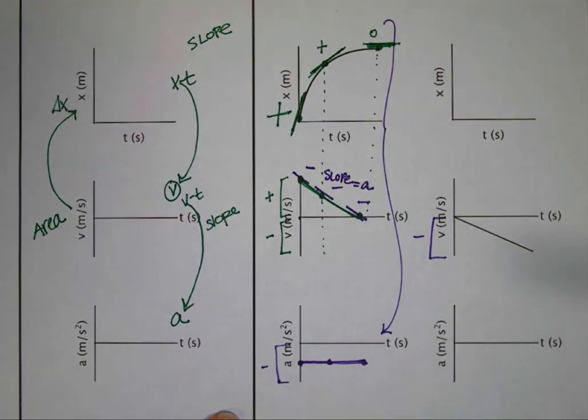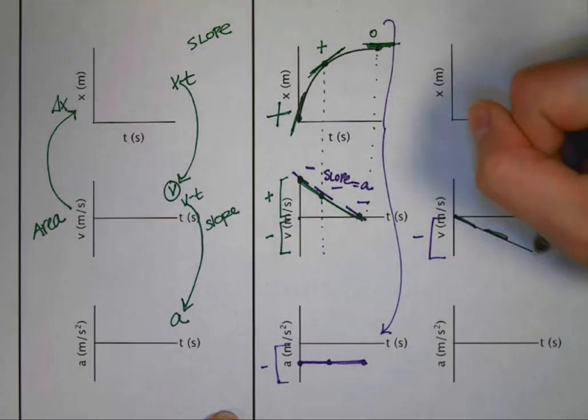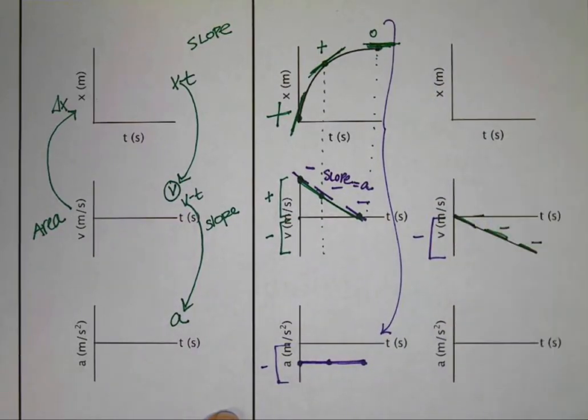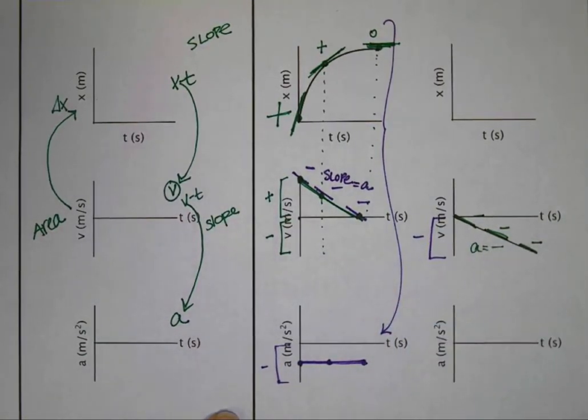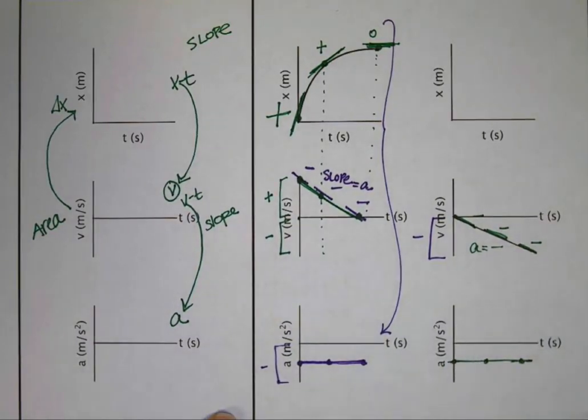But if I'm plotting an acceleration time graph, I have to take my slope at certain points, and I have a negative, negative, negative, same size slope. So that tells me my acceleration is negative. I come down to my acceleration time graph, plot those accelerations, and I see a horizontal line.